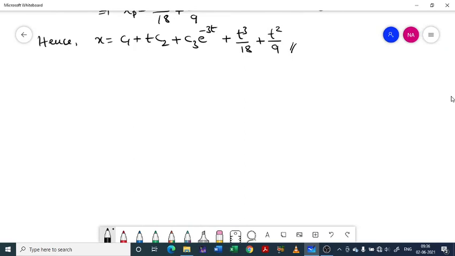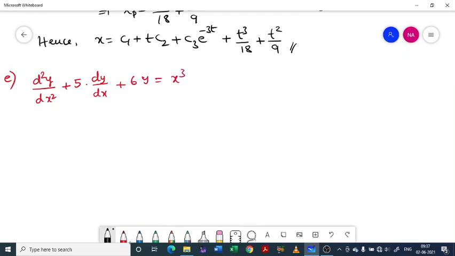Problem E. D square y, this is a bit interesting, d square y by dx square plus 5 into dy by dx plus 6 into y equal to x cube.